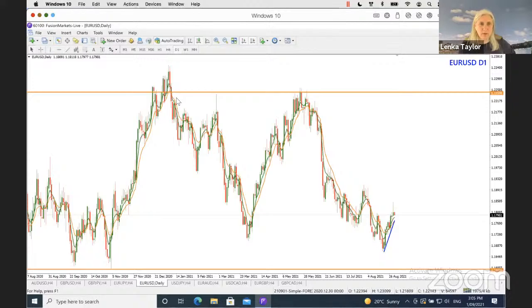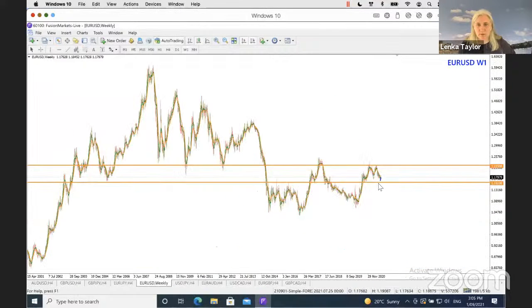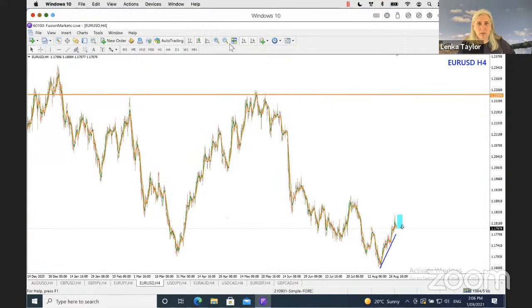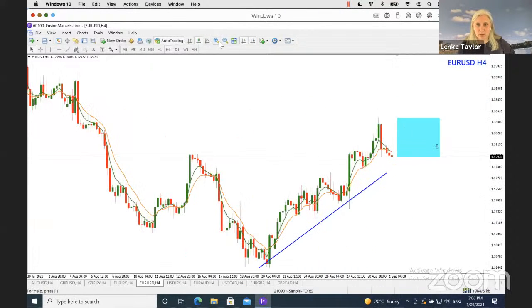There's a bit of ranging price, but overall for the potential, I'm still looking for a short. So on the 4-hourly, just see what happens. Maybe again, sideways movement first, and then looking for a reversal.